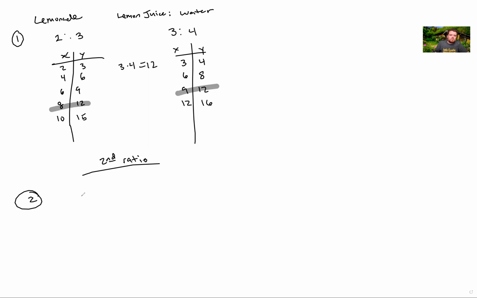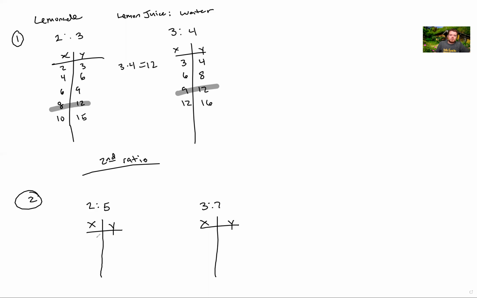Let's say in the same problem, I have a 2 to 5 ratio. So again, lemon juice to water. And in the second, I have, let's say, 3 to 7. Okay. So the first multiple that 5 and 7 have in common is 35. So when I make my chart, I'm going to need to go up to 35.